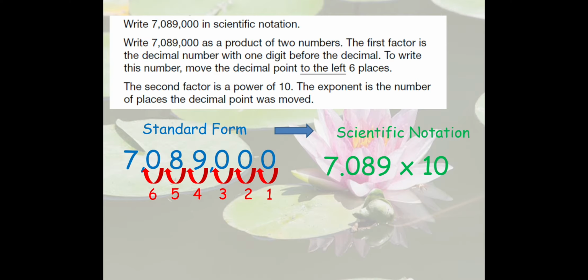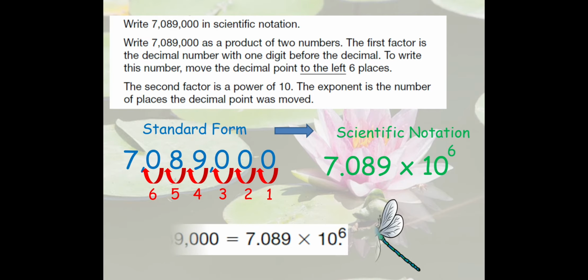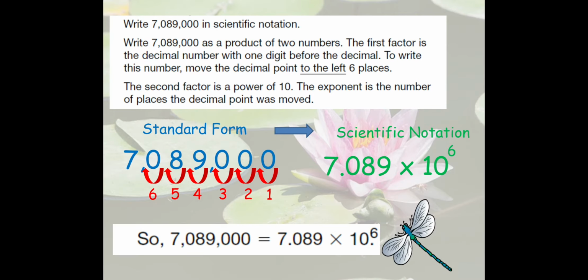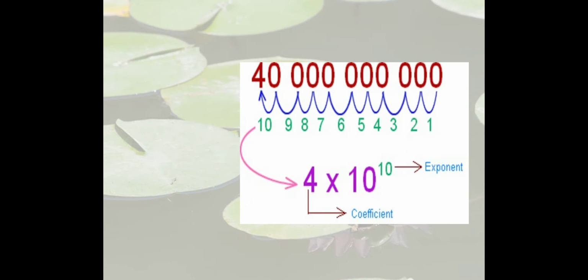Now we have to put the exponent, or the power. The exponent is equal to the number of jumps. We jump backwards 6 steps, so my exponent has to be 6. Therefore, 7,089,000 will become 7.089 multiplied by 10 to the power of 6.